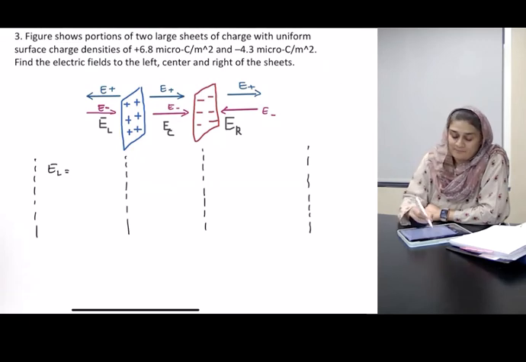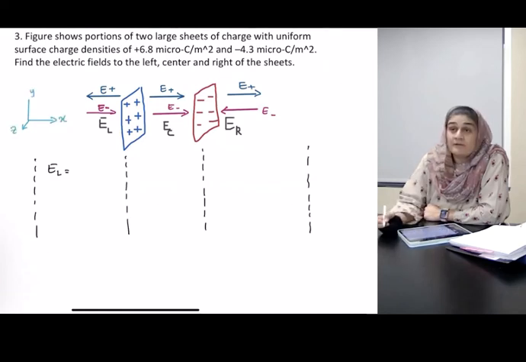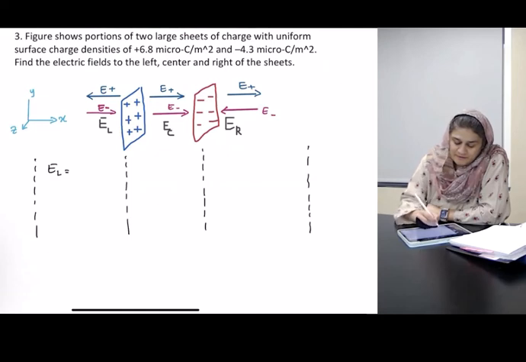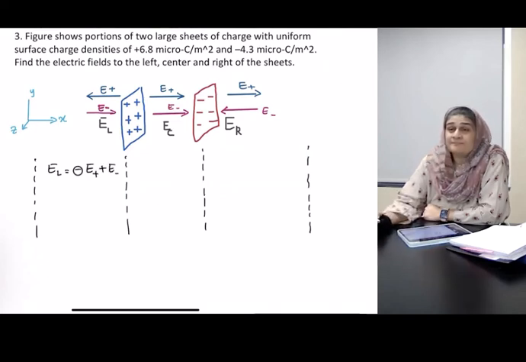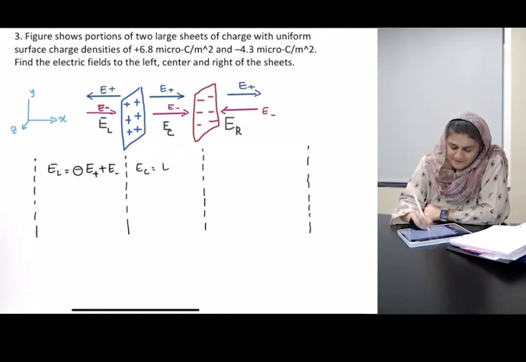Which ones do you want? Minus E plus, E minus. What would EC be? E plus, E minus. And then what would ER be?